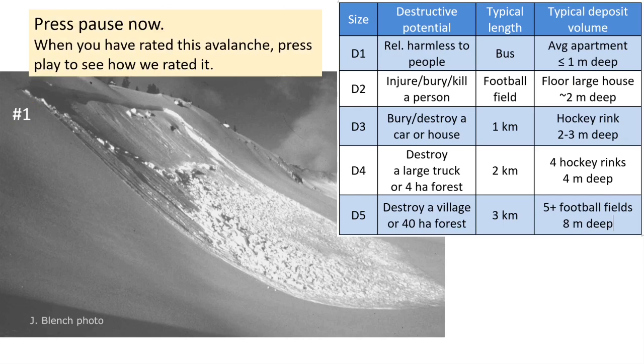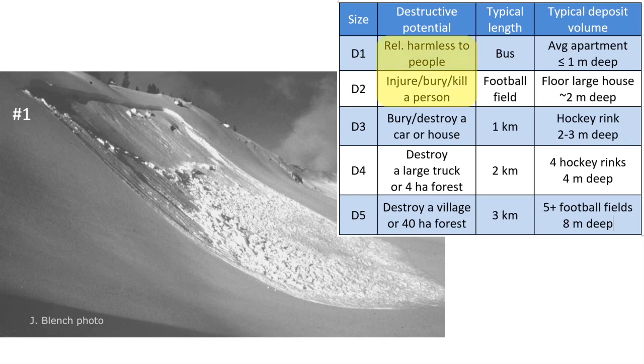While this avalanche is relatively harmless to a skilled backcountry skier with releasable bindings or a skilled snowmobiler on a mountain sled, it could injure a person in street shoes. The avalanche is about 2 to 3 bus lengths long and substantially shorter than a football field, so its length points to a D1.